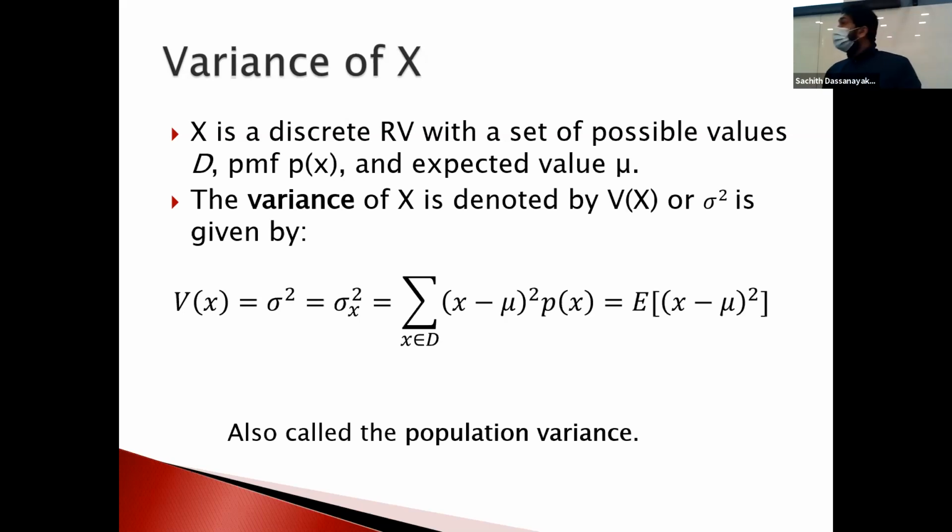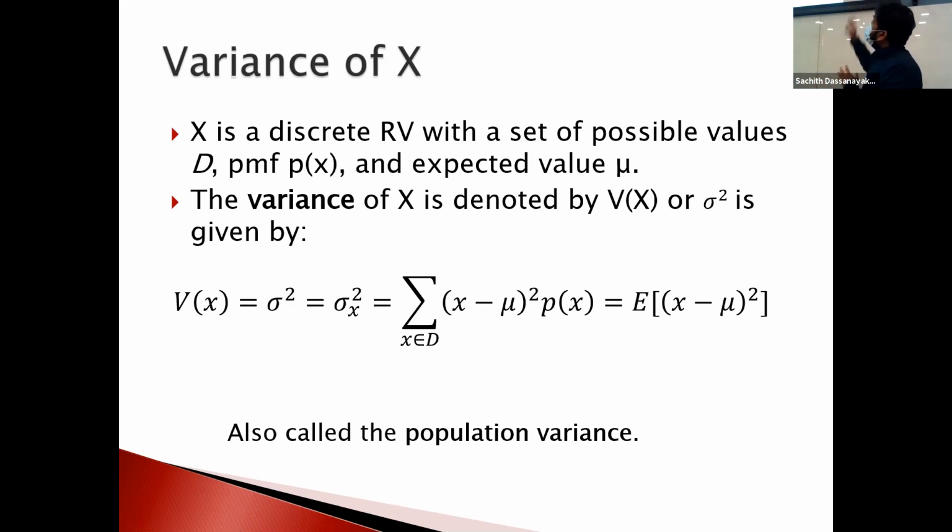I think you remember how to get the expected value. This means the summation of (xi minus mu) squared times p(xi), if we use i notation.